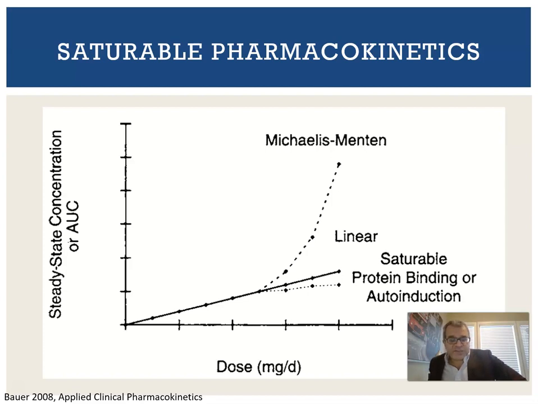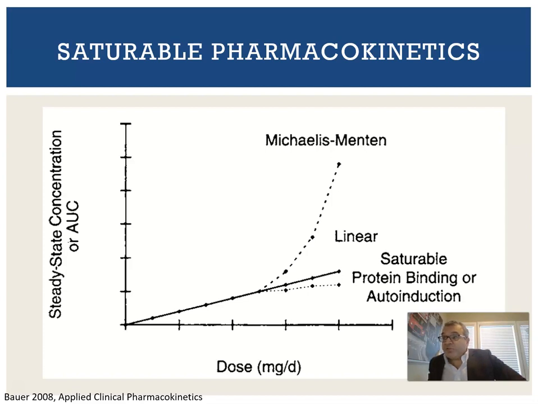However, some drugs have saturable metabolism, like PHENYTOIN and voriconazole, and follow Michaelis-Menten kinetics. This means a proportional increase of dose is not associated with proportional increase of concentrations. Instead of being linear, the concentration goes up like that. So we need to be very cautious when increasing the dose.